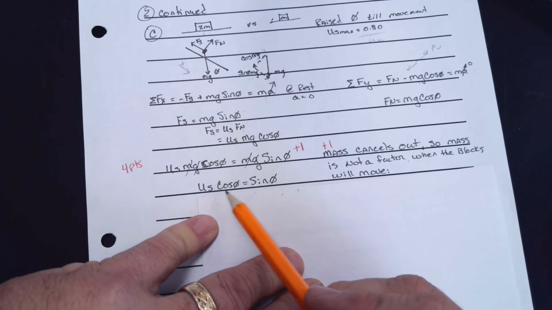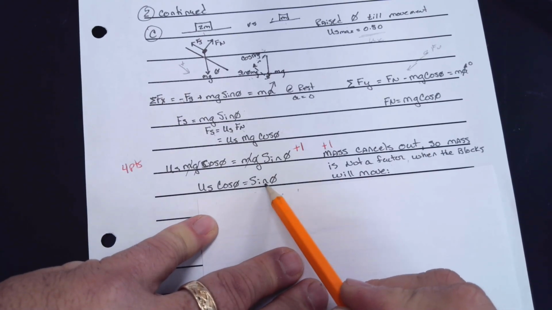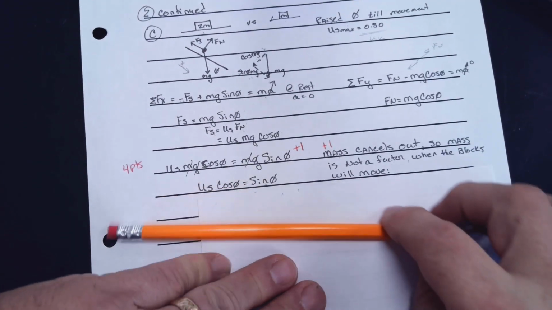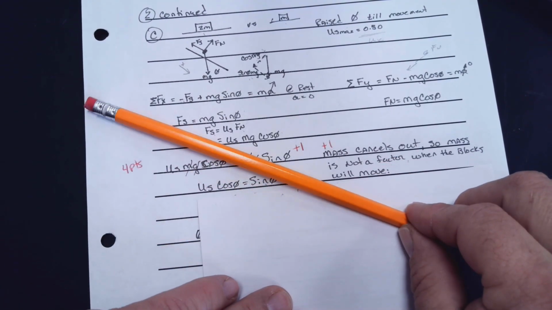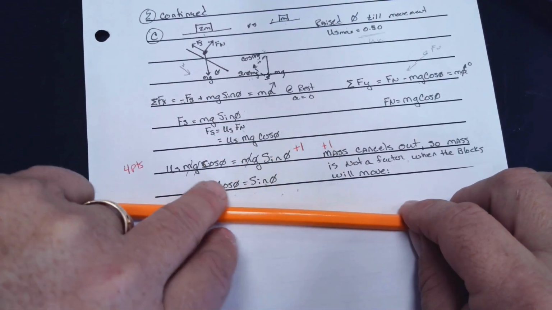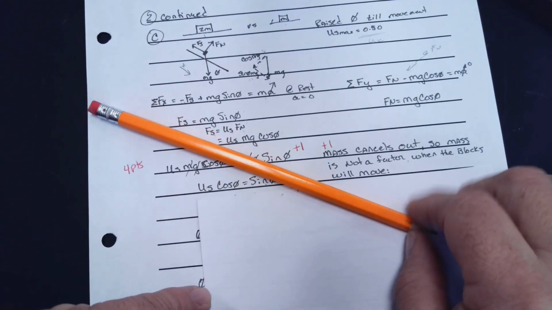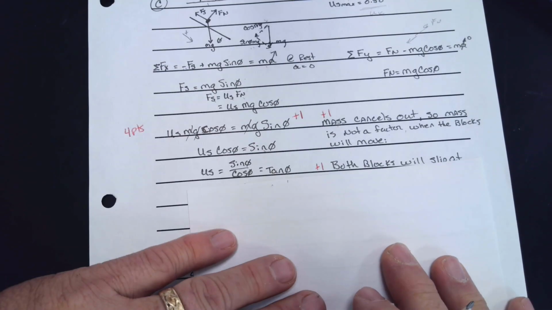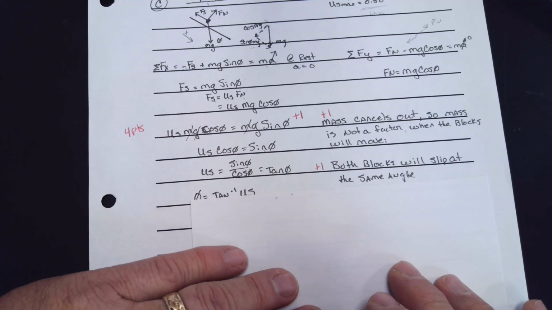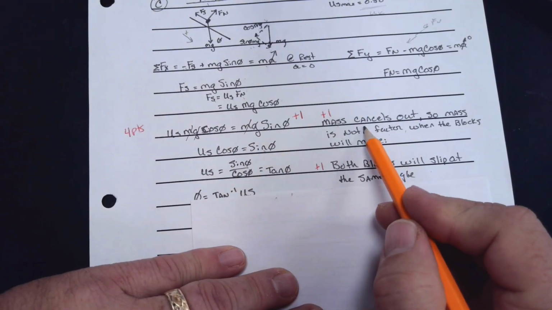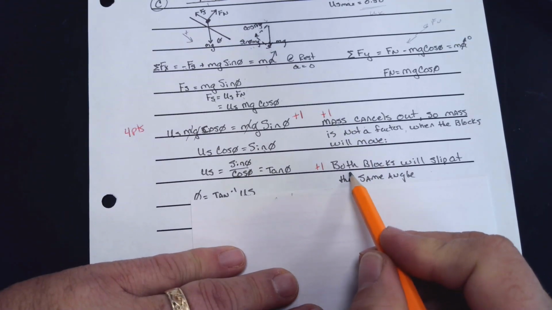All that matters is the angle and the texture. So how much mass I put on this lever doesn't matter. And they want to know what that angle is. So both blocks will slip at the same angle, again, because mass doesn't matter. I get a point for that.